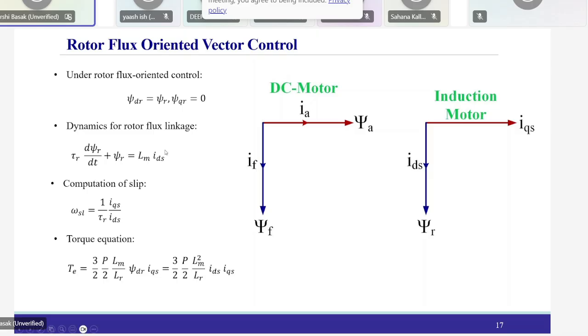And you see that IDS will help you to control the flux.